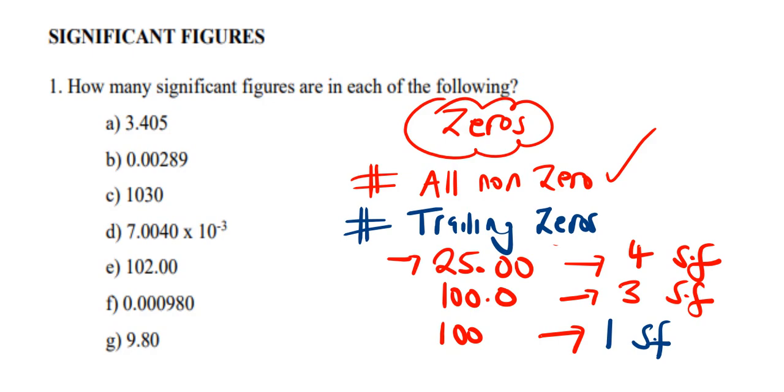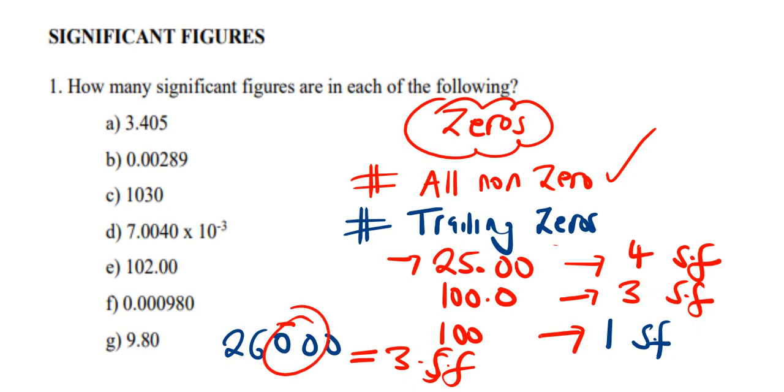Then, on the other hand, if you've got a bar on a zero, let me say 26000. Let's say you have a bar on one of the zeros. Let's say your bar is here. Now, this bar means that's where you are ending. So, therefore, this one will have 3 significant figures like that. So, if there is a bar, it will show that even this zero is also significant. So, that is important for us to understand on trailing zeros.